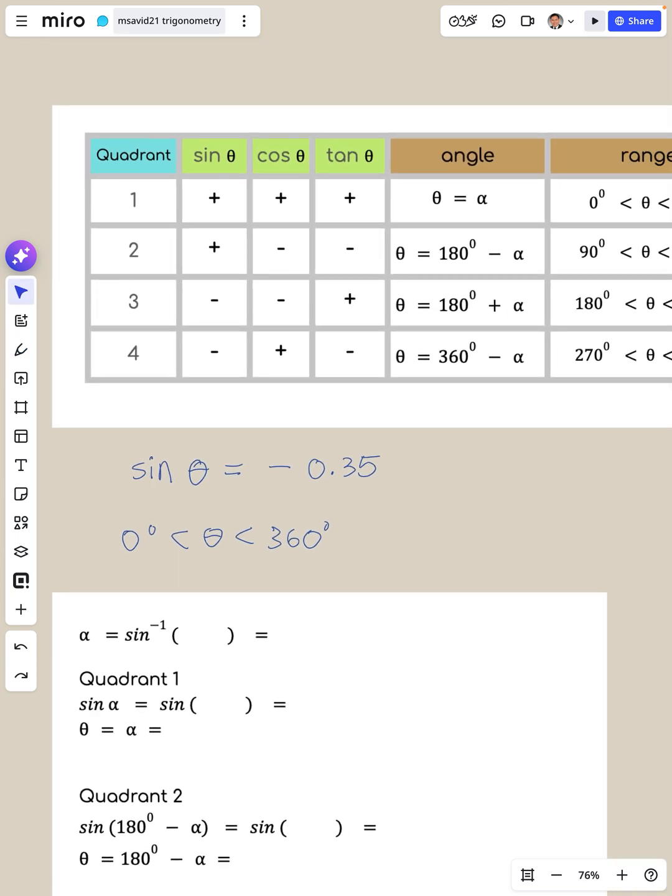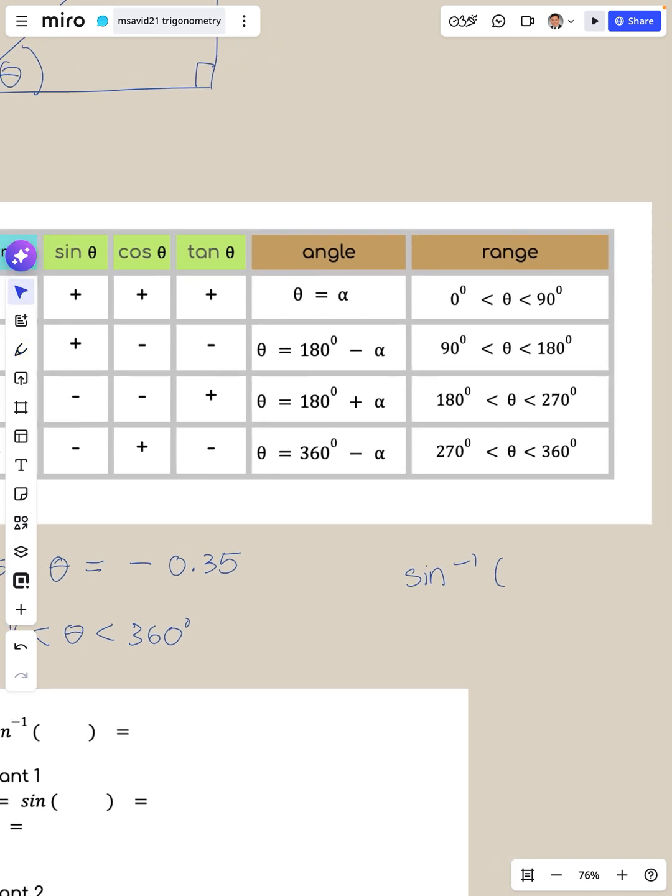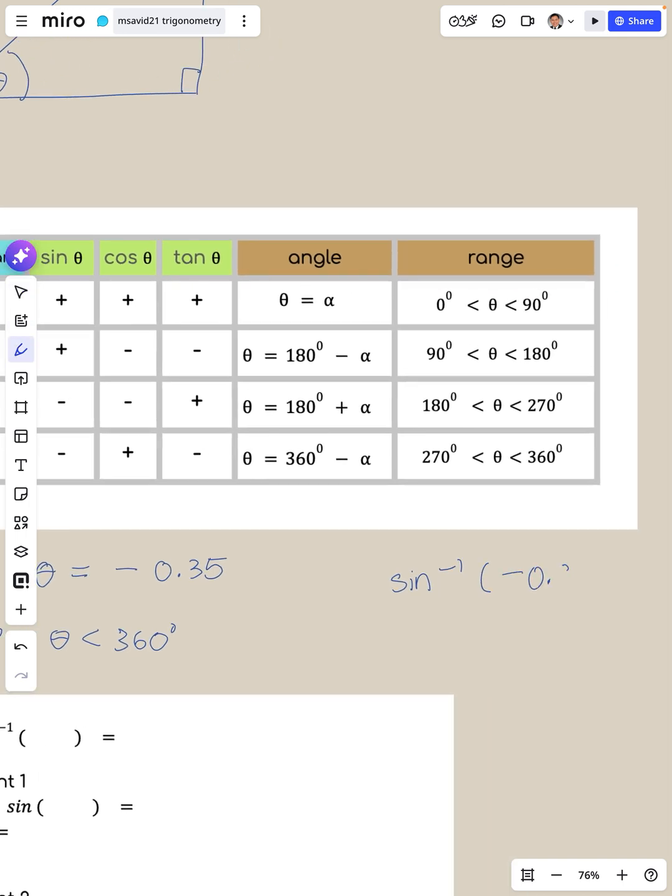What students usually do is just use a calculator, sine inverse of negative 0.35. What will you get? Let's see. We press sine inverse negative 0.35.